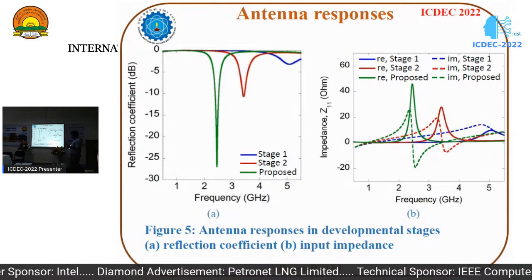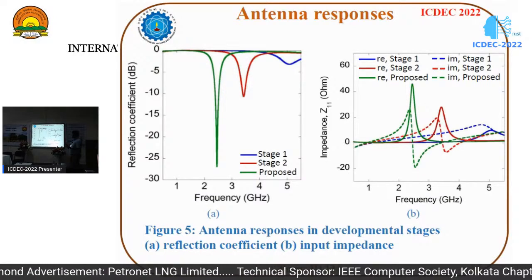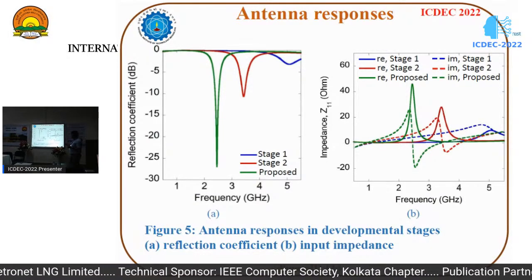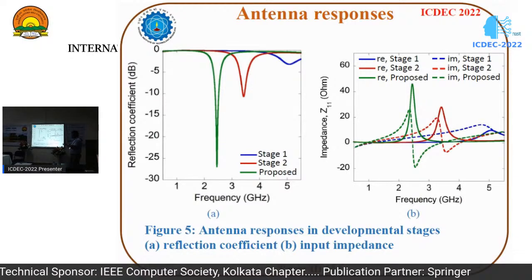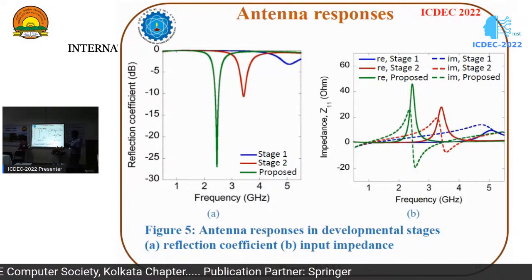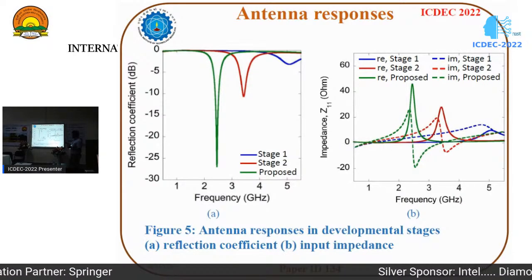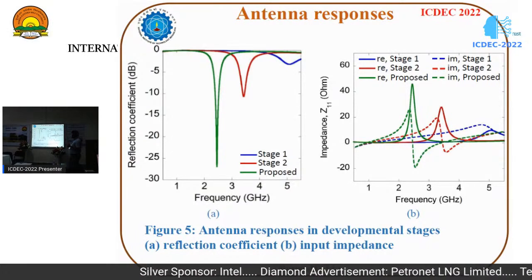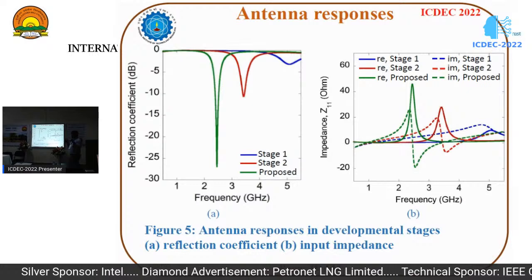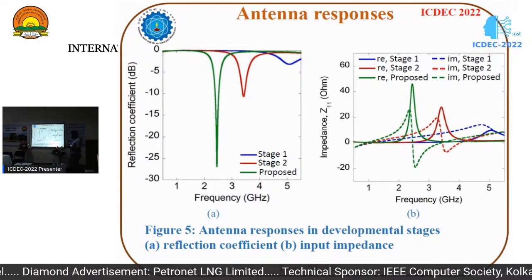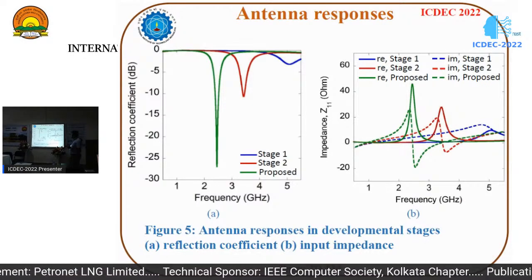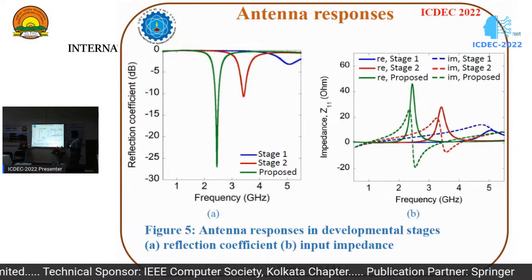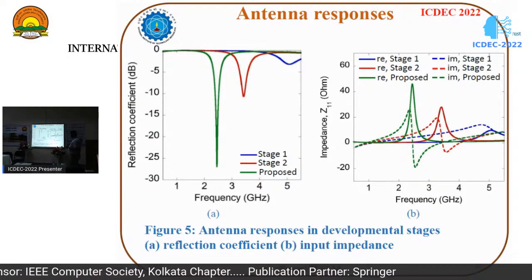So to miniaturize the frequency, I introduced a slot on the patch, and this slot reduces the frequency because it increases the effective reactance of the structure. But our design target is 2.45 gigahertz, so we further extended the slot length, and it works in the 2.45 gigahertz range. This can be understood from our impedance graph, where the matching is on the 50 ohm line, not matched here, not matched here, and matched here.